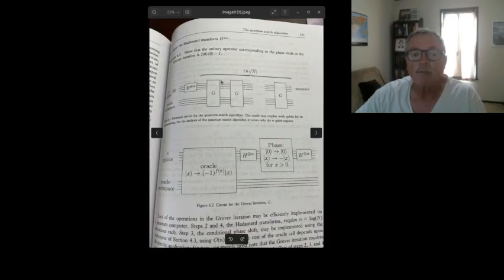The search we're performing is called a Grover search. And the Grover search has a certain number of qubits.